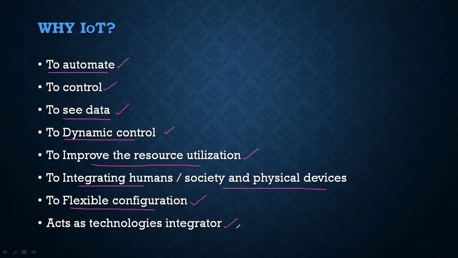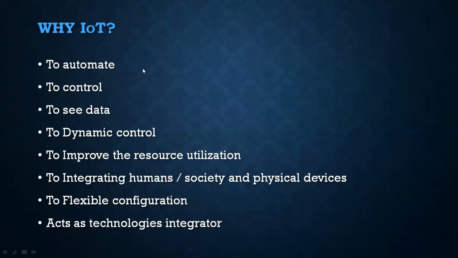So you use cloud technology also. If the data is massive, at that time you can use big data to analyze and handle that massive data. That means IoT acts as a technologies integrator.